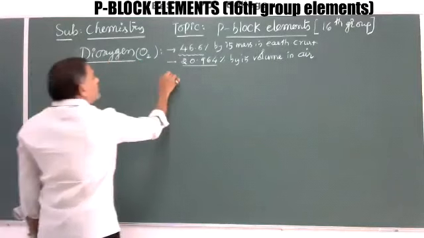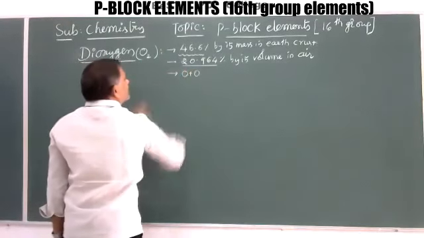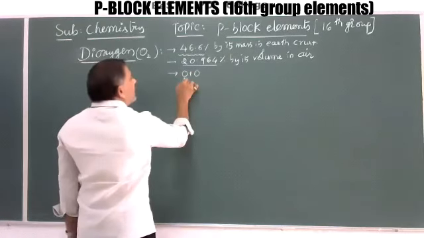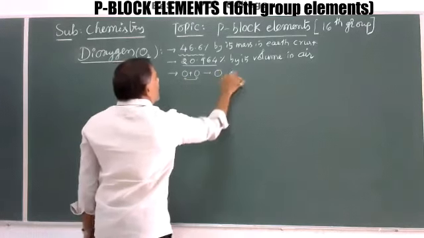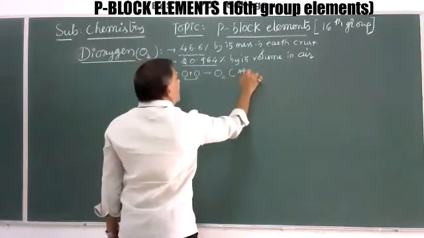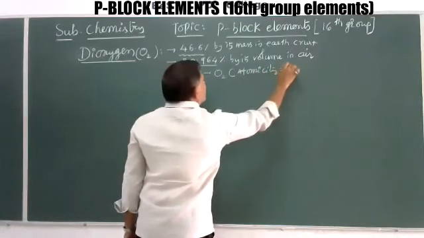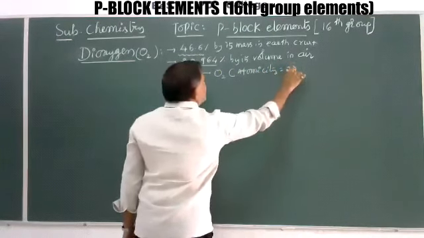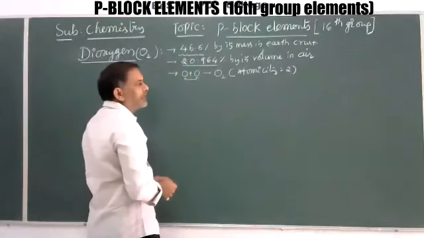Now, dioxygen is oxygen plus oxygen, so two atoms are there. The O2 molecule has atomicity equal to 2, because two atoms are present: it is diatomic.